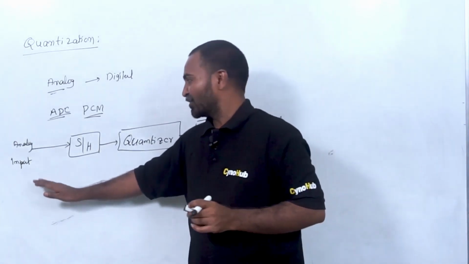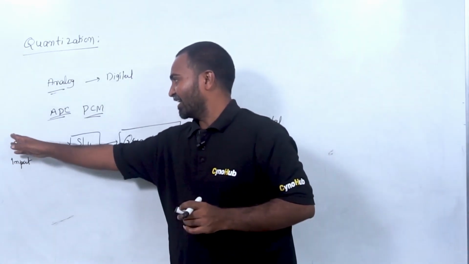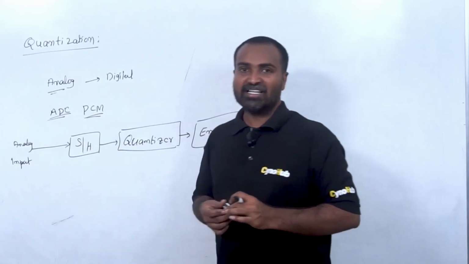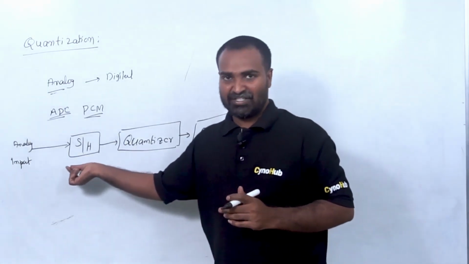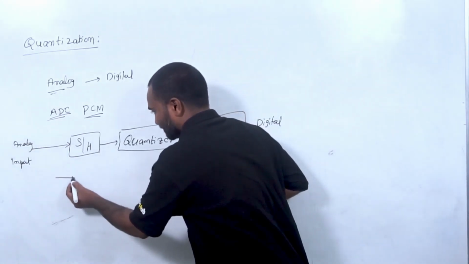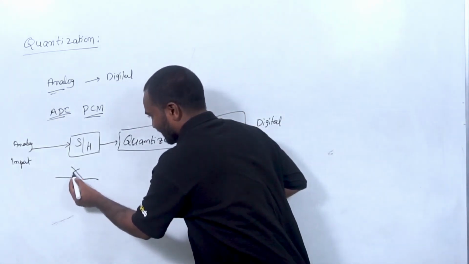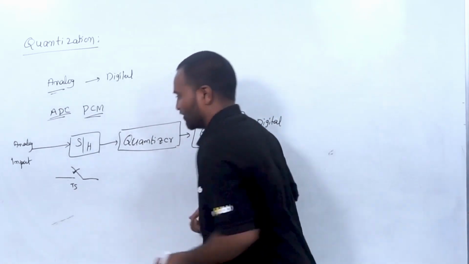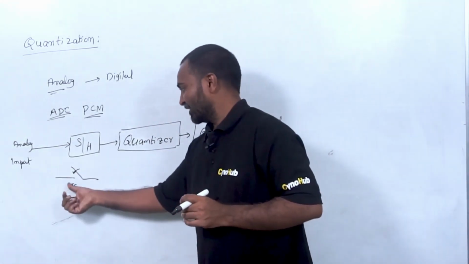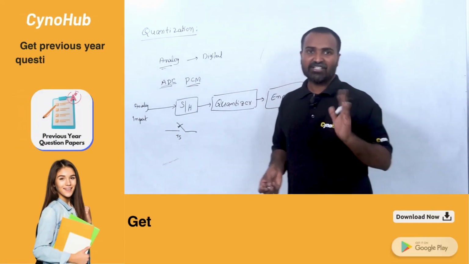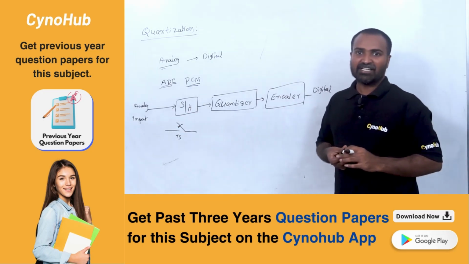In this, let's consider the analog input, and it is applied to a sample and hold circuit. The sample and hold circuit acts as a switch. For every time duration Ts, it is turned on and off. If it is on, the present sample appears as the output of the sample and hold circuit.